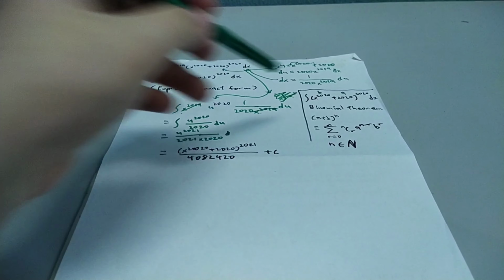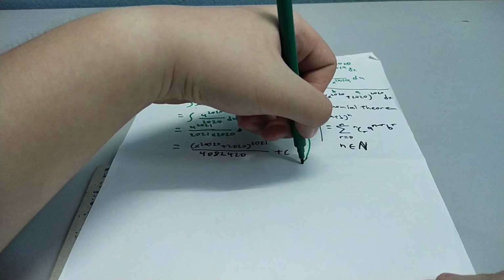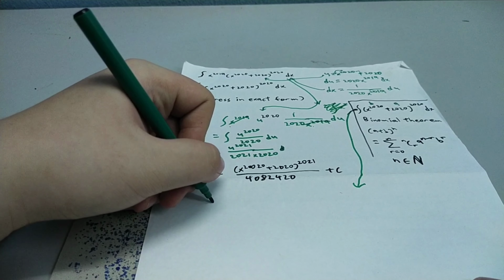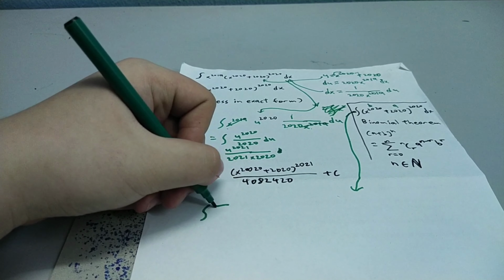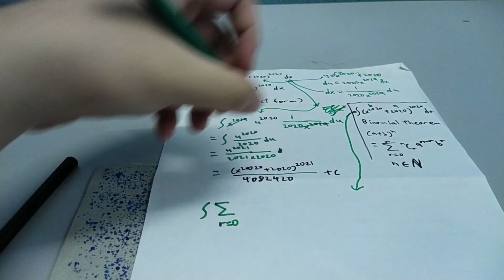So this thing is nicely equal to, let me write down here, the integral of the sum of r goes from 0 to n. What's the n? 2020.